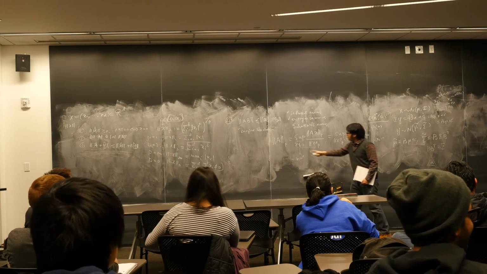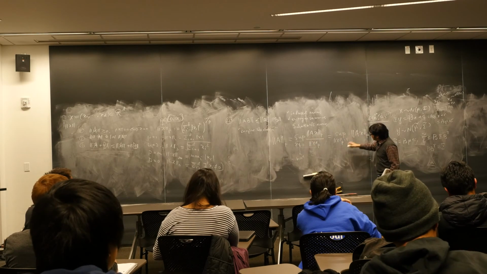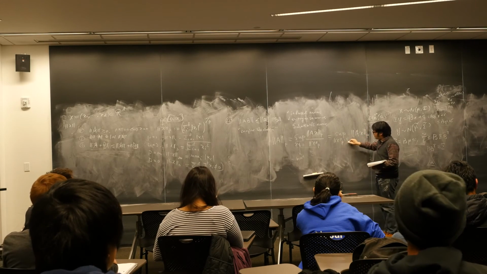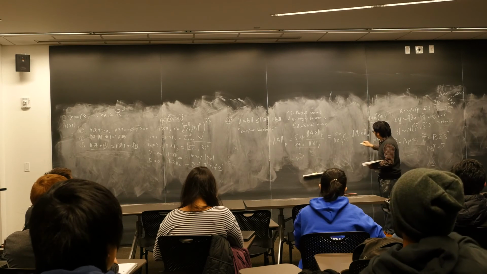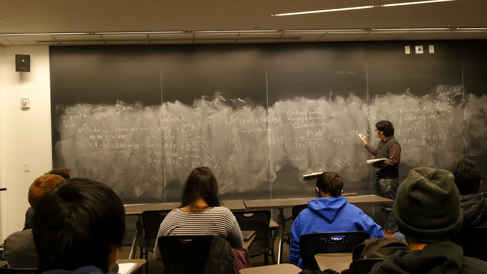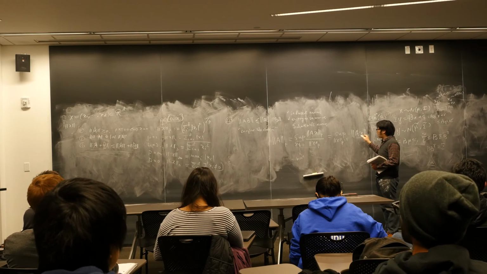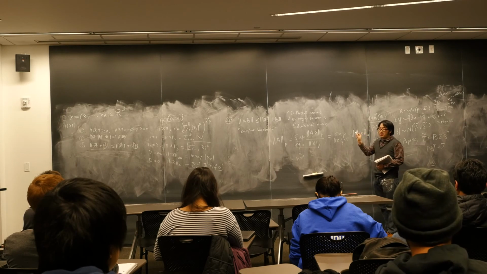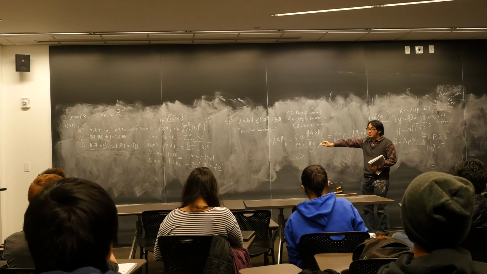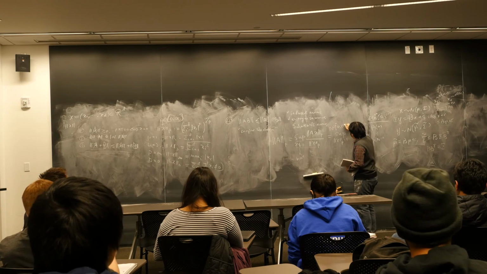So instead of maximizing over all vectors, you maximize over those vectors that have unit p norm. For all vectors with unit p norm, you compute this matrix-vector product. A is a matrix, x is a vector, so A times x is a vector. You compute the p norm of this vector, and you report the largest one. So this is the matrix induced p norm. This can be defined for p from 0 to infinity.